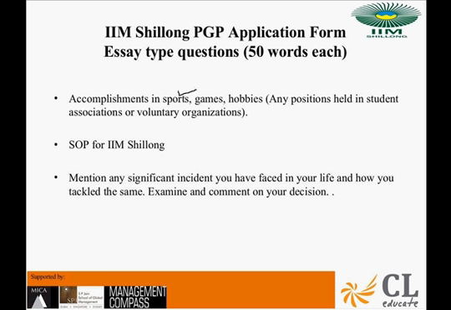Any positions held in student associations or voluntary organizations. Somebody was talking about an NGO, somebody was talking about the placement committee, right? So all that would come over here. Yes, it can include the various leadership titles.